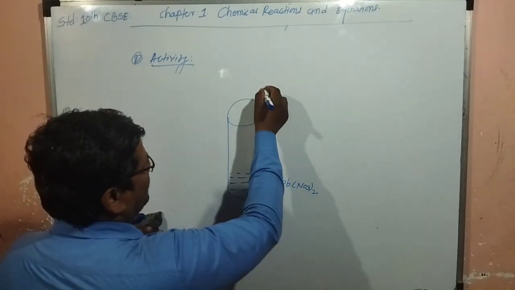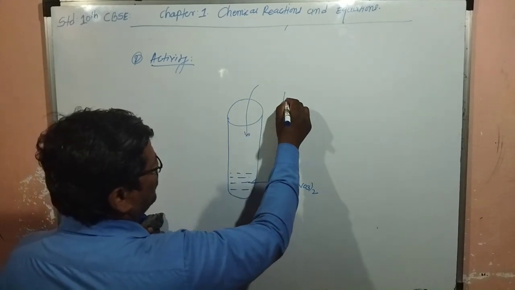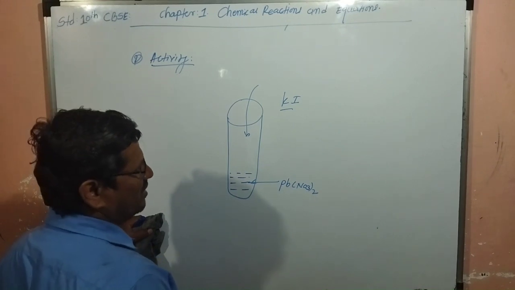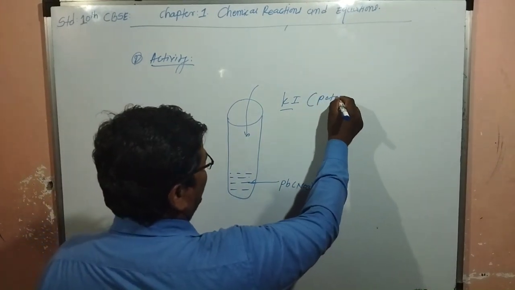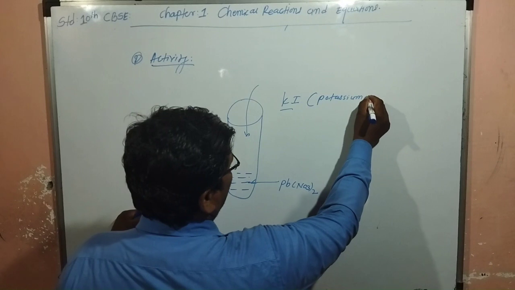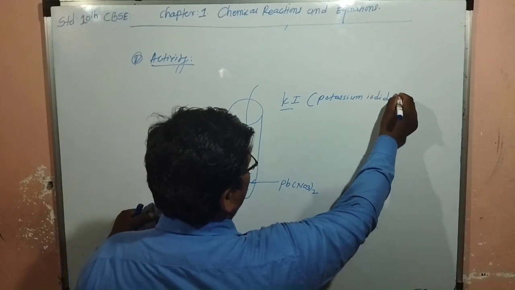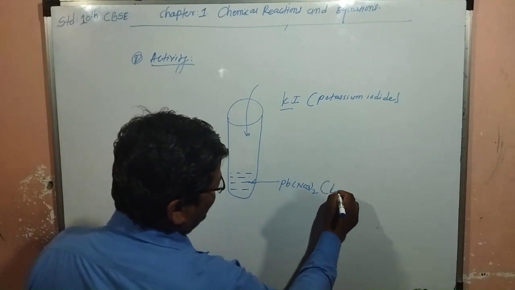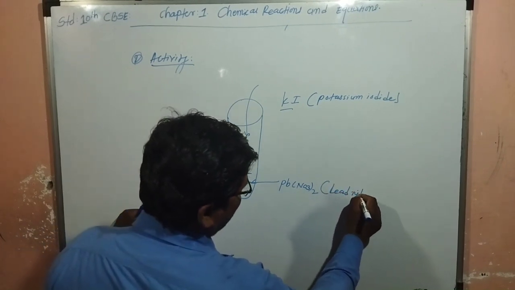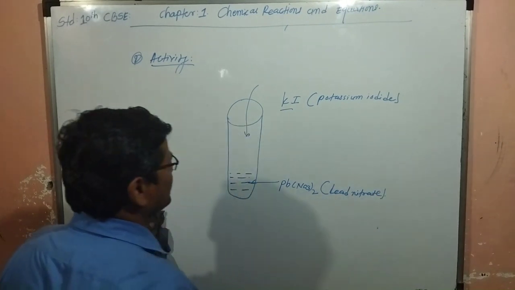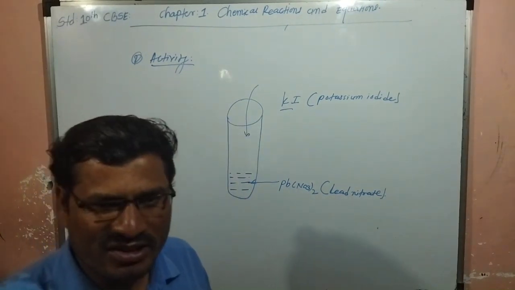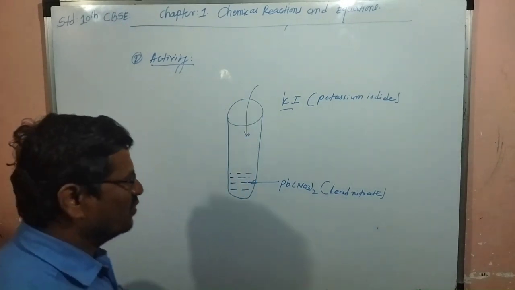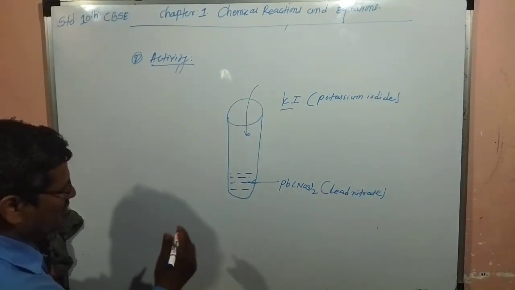Then after that you have to add potassium iodide. So here lead nitrate is there. After addition a chemical reaction will take place, a chemical change will occur, and we'll write which substance will be formed.